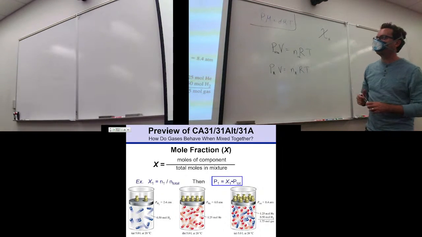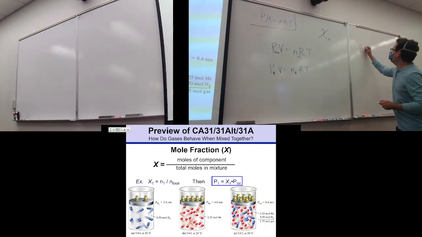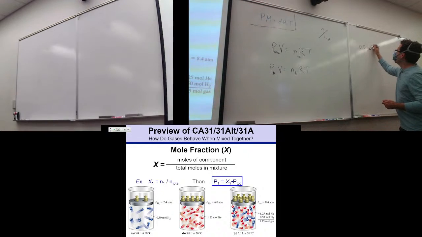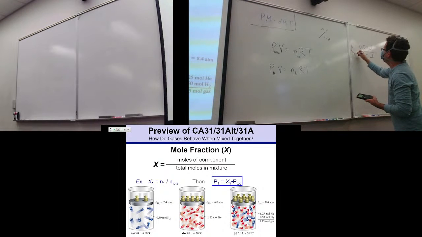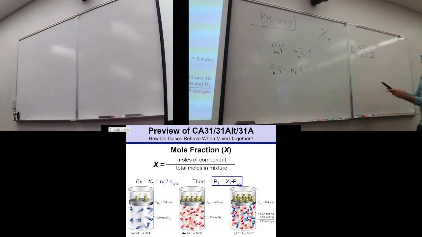The mole fraction of hydrogen is 0.5 moles divided by the total moles, 1.75. So the mole fraction is, let me label this, the mole fraction of hydrogen is 0.5 divided by 1.75 is 0.2857. That's not the right sig figs, but it's fine.